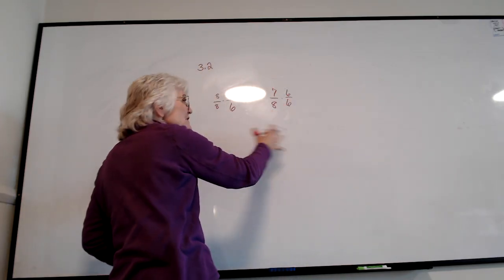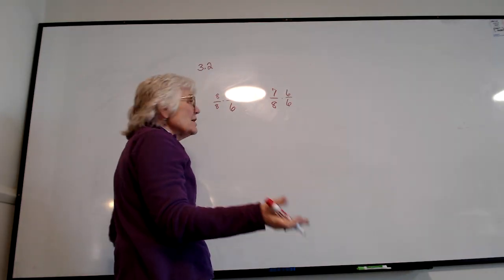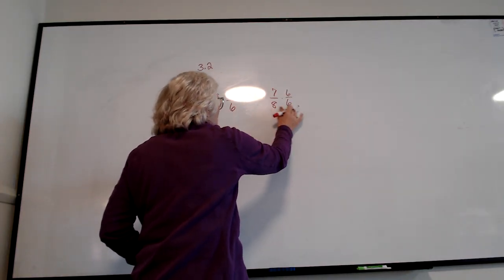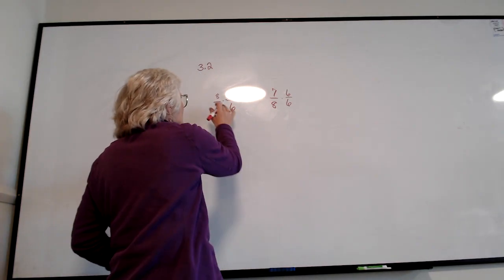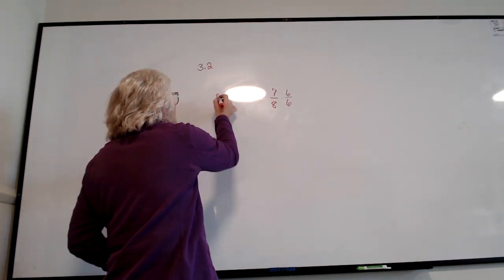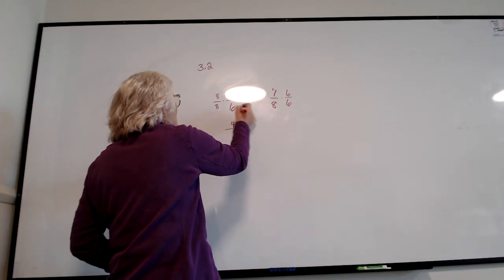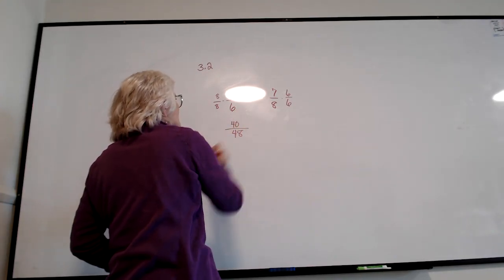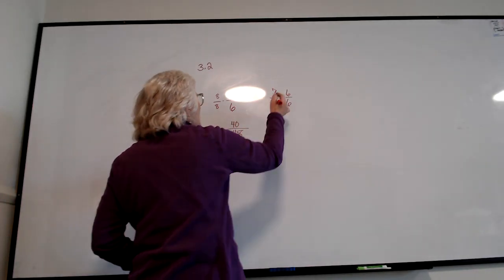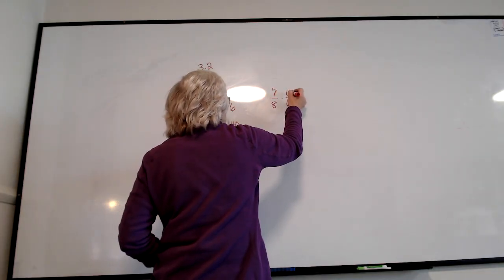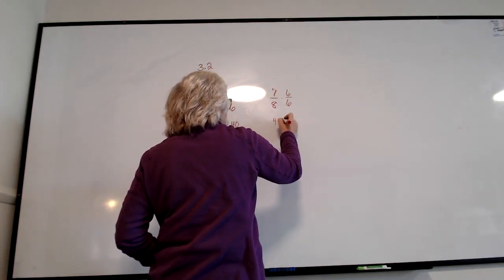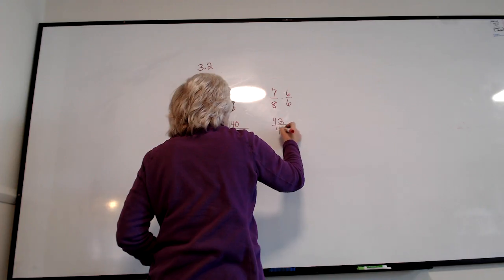And then we're going to have the same denominators on the bottom. It's easiest just to use the numbers that are on the opposite one. Just use them to multiply. So this gives me 40, because 8 times 5 is 40, over 48, because 8 times 6 is 48. Here, if I do 7 times 6, it's 42 over 48.